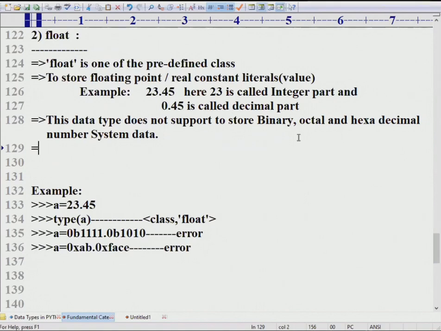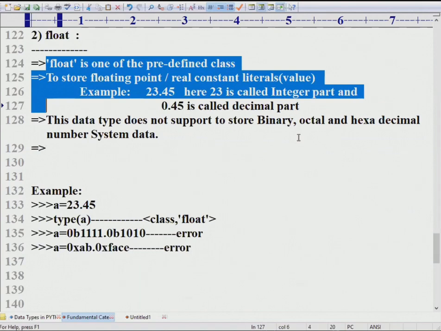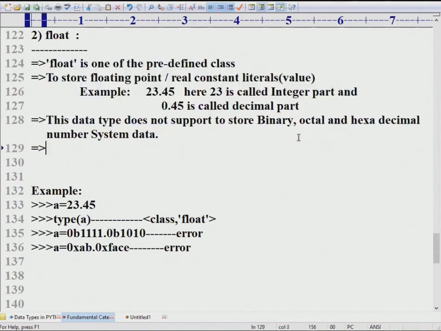Yes, now I am waiting for you. I am waiting for this line number 129 to tell you one important point. Come on, all of you, these 2 points you write. 3 points you write. Now I am waiting for the 4th point.